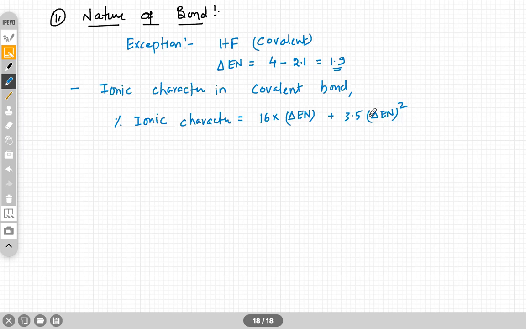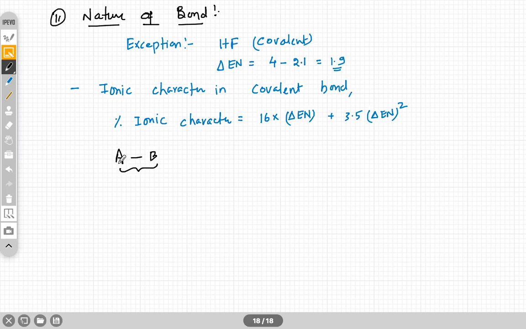Now what do we understand by this ionic character in a covalent bond? First of all, for any molecule with two different atoms A and B, we must have some difference in electronegativity between A and B. If the difference is more than 1.7, it is ionic, otherwise it is covalent.